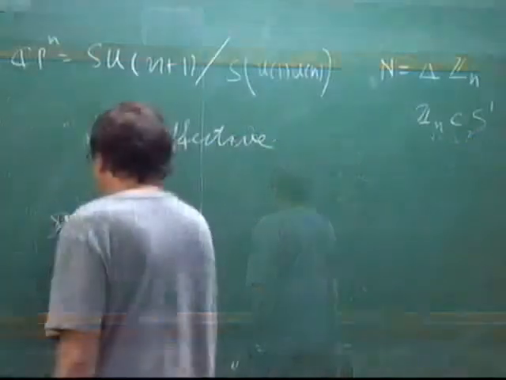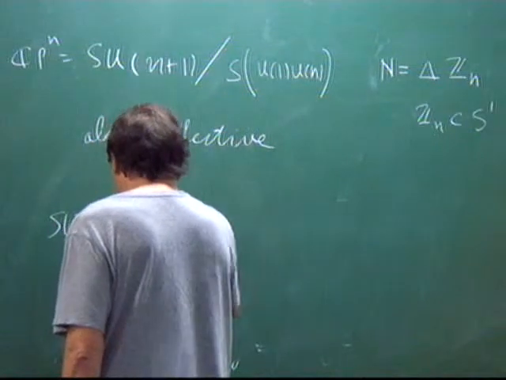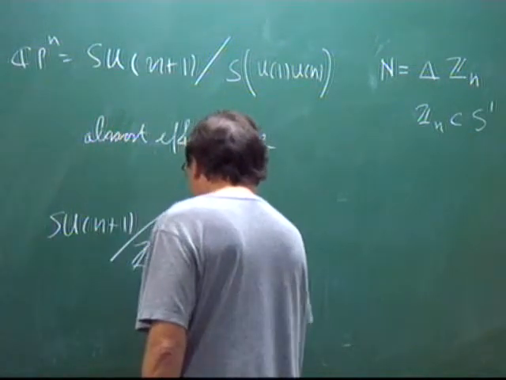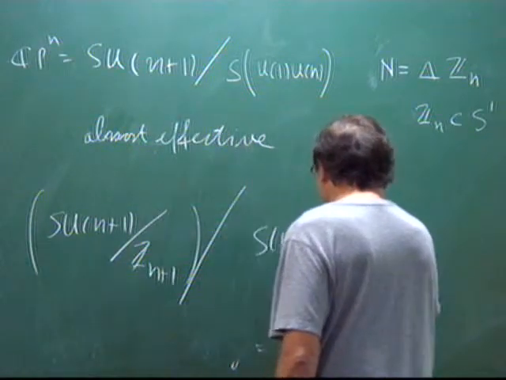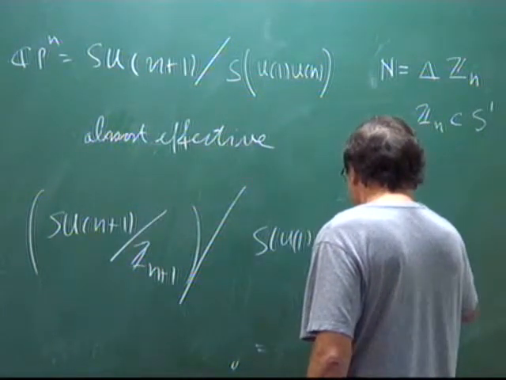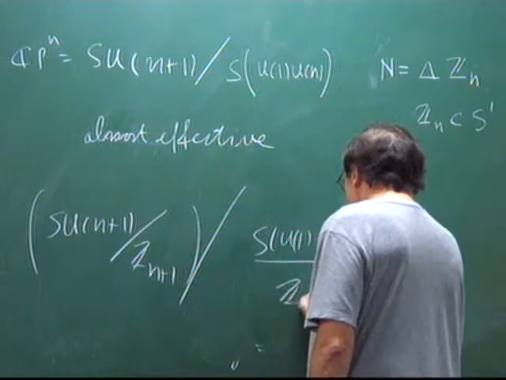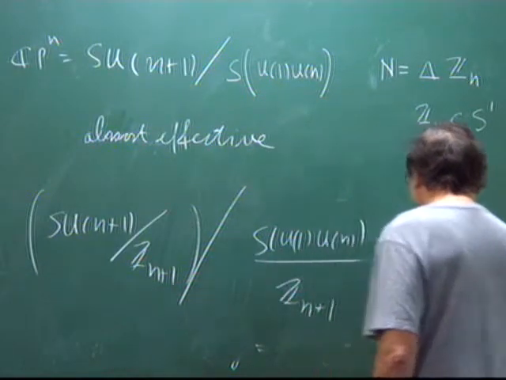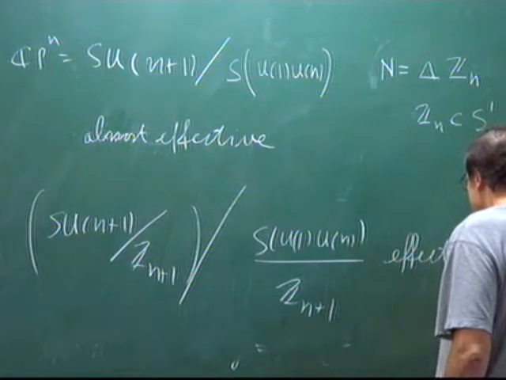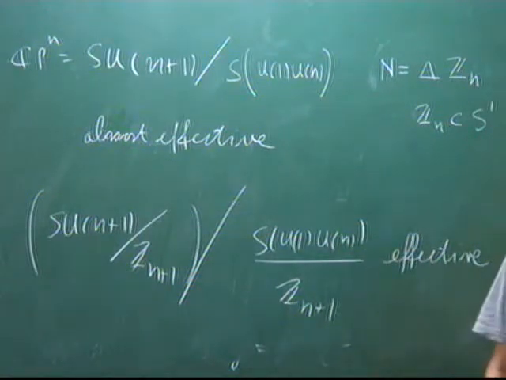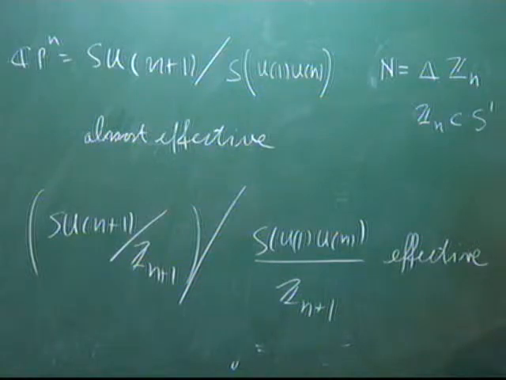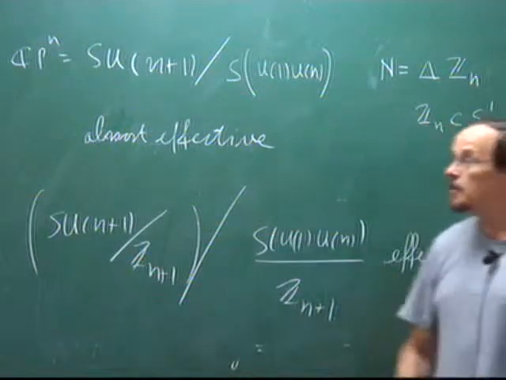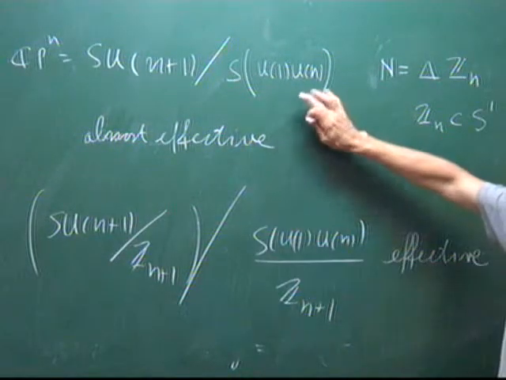To make it effective, I get a really ugly description. That's the effective version. So that's usually not how you want to work, if you want to do computation in CPN. It's not very convenient to work in this quotient group here. This is very nice.